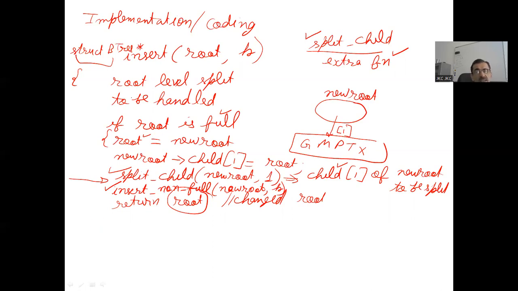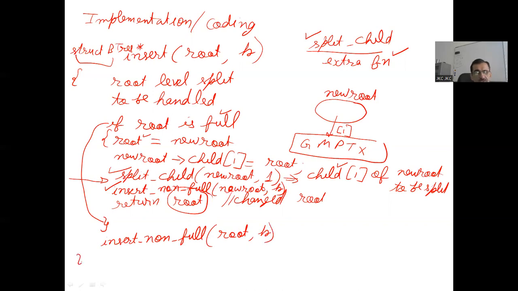On the other hand, if the root is not full, again it means the node is guaranteedly having some space where I can fit in. So again, insert non-full will be called. So effectively that means I have insert non-full into the current root node with value k being called.